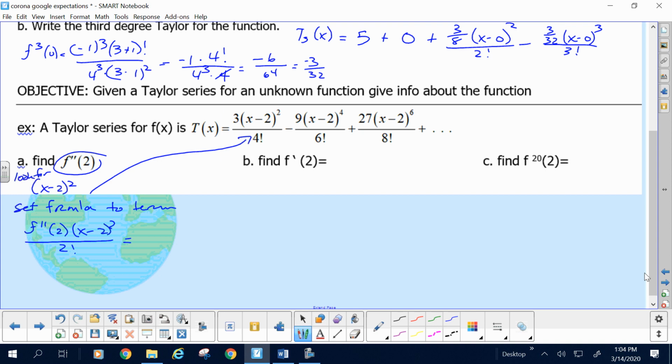In this case, equals 3 times x minus 2 squared over 4 factorial. With that, then, you can dump the x minus 2 squareds. They've served their purpose. And I have f double prime of 2 over 2 factorial equals 3 over 4 factorial. And so, solving for f double prime, it must be 2 factorial times 3 over 4 factorial, or I guess 1/4.